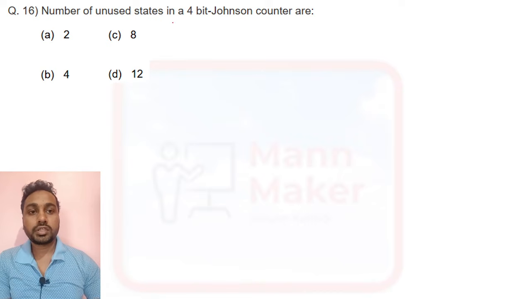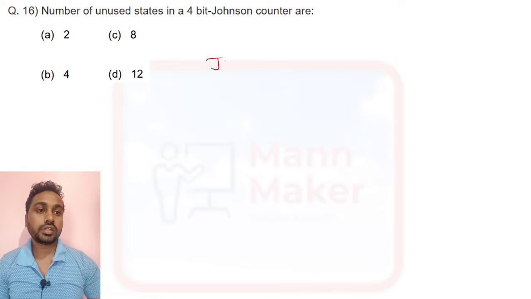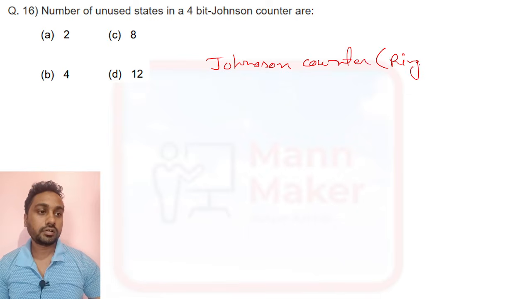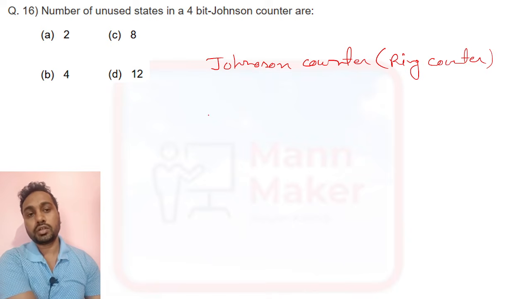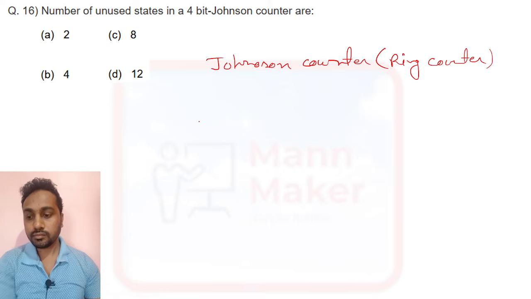Number of unused states in a 4-bit Johnson counter. Johnson counter is also called a ring counter.